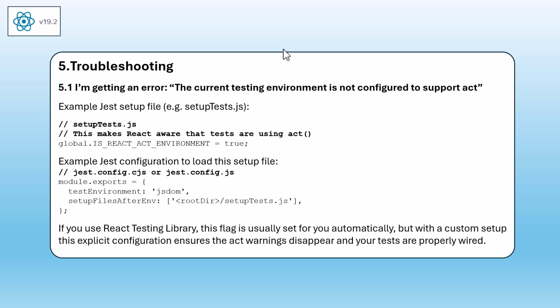Some testing tools, such as React Testing Library, already set this flag automatically so the user does not need to configure anything manually. Note: when using frameworks or testing libraries that integrate tightly with React, this configuration is often handled for you. However, when setting up a custom testing environment, adding this global flag is essential.